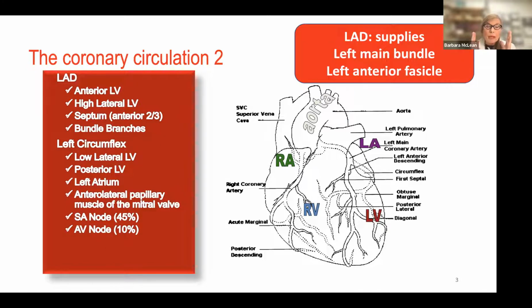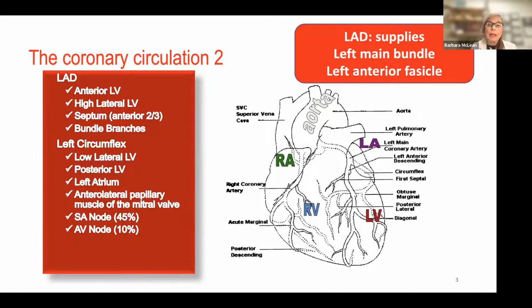So again, the worst situation is you have a left main occlusion of the coronary artery, you infarct the full left bundle before bifurcation, you'll be in a full left bundle branch block. Your anterior and posterior division will not be functional. Now that's two of the fascicles. That's called a bifascicular block of the left bundle.